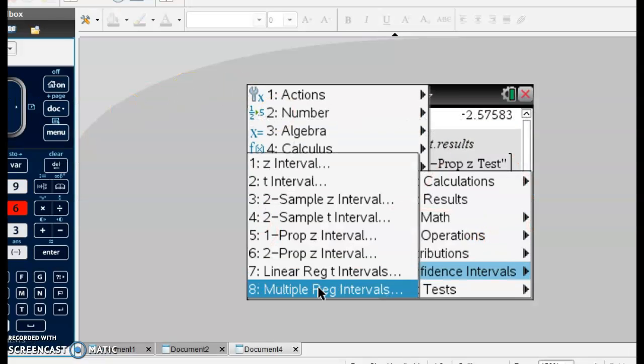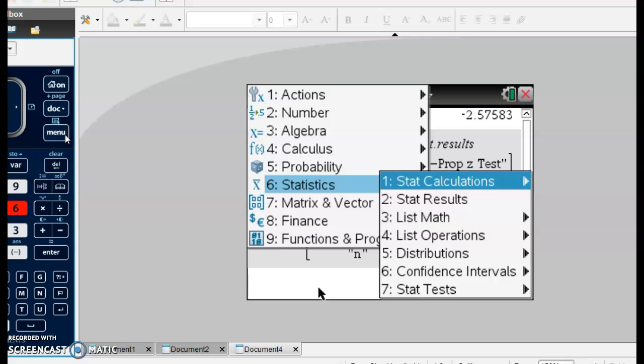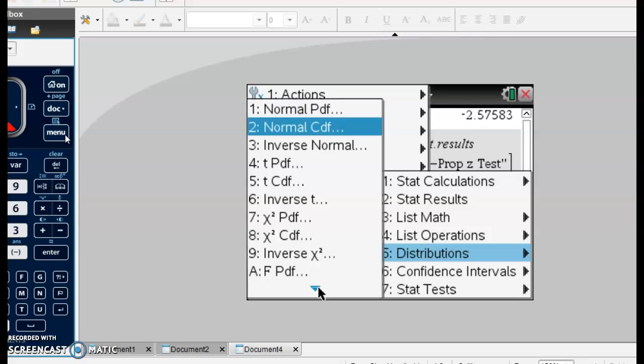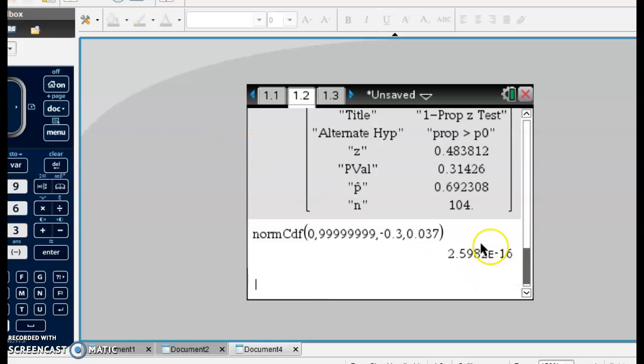If you do a norm CDF here, menu, statistics, distributions, norm CDF, my lower bound is 0, my upper bound is infinity, negative 0.03 was my mean, and the standard deviation was 0.037. And I get a very, very small probability.